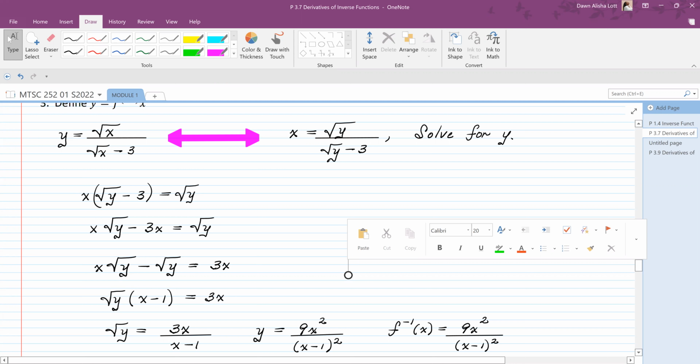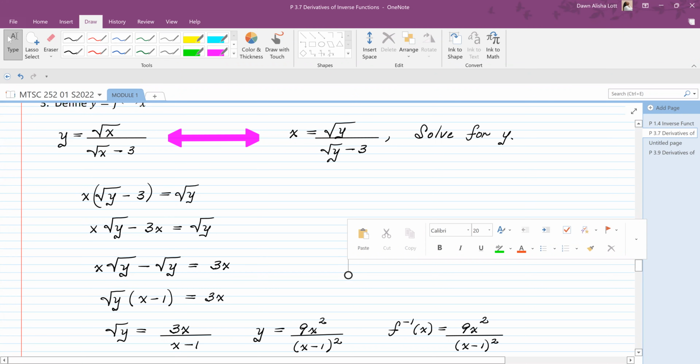Okay, so how do you find the domain of a function? You look to see all the values of x that you can put in the function, right? And then the ones that don't work, don't work.